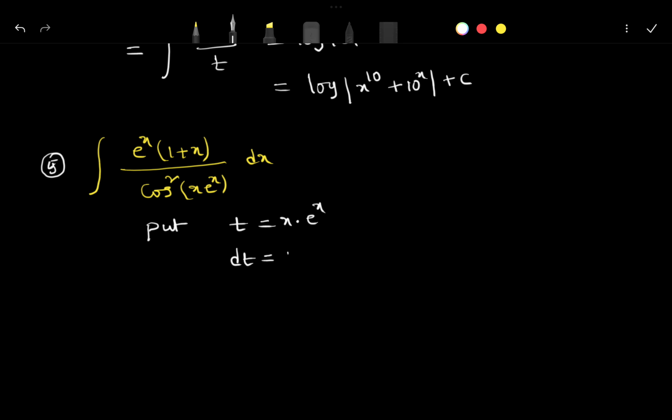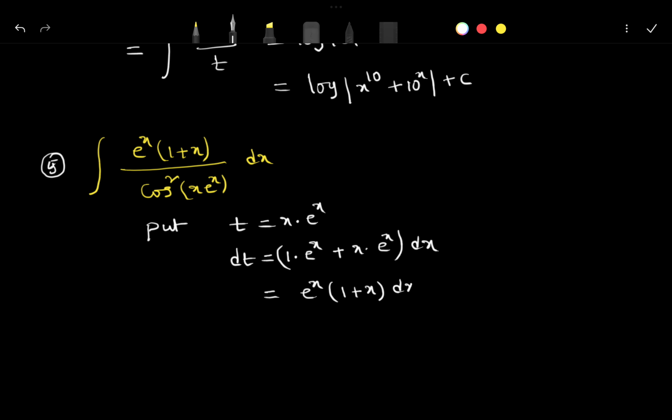The derivative of x is 1 into e to the power of x plus x into the derivative of e to the power of x, which is e to the power of x, into dx. Now you see in the given question, if you take e power x as common, it is e power x into 1 plus x into dx.